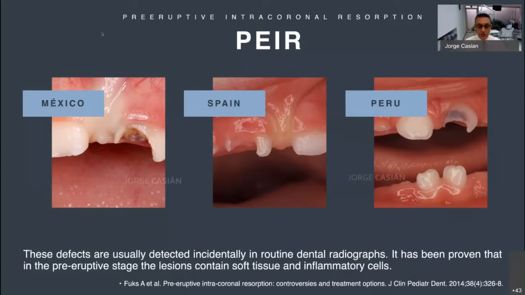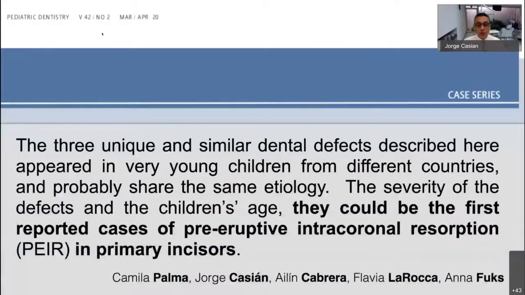But to our knowledge, there are no cases of this entity on primary incisors published. So, this could be the first reported cases of preeruptive intracoronal resorption in primary incisors in the world. And that is a great honor for me.